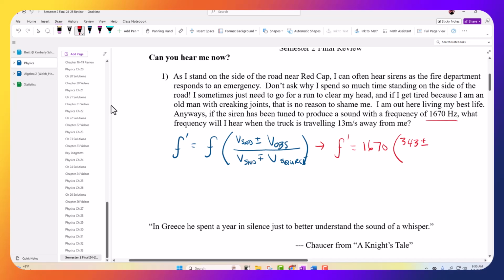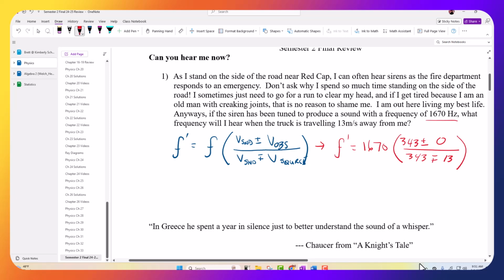Plus or minus the velocity of the observer. So me on the side of the road, am I running or am I standing still? I'm standing still. And so we're going to use a 0 up on top. And then on the bottom, we've got our 343 again, minus or plus the velocity of the source. The truck is traveling 13 meters per second away from me.